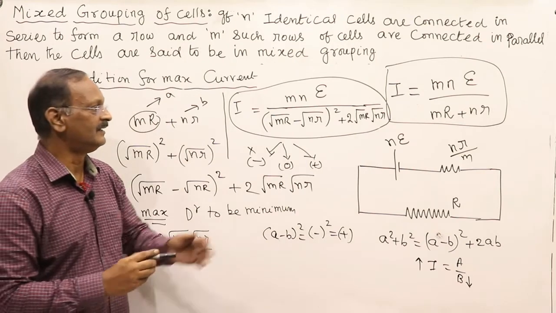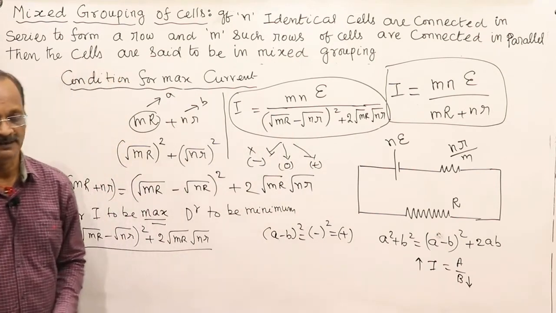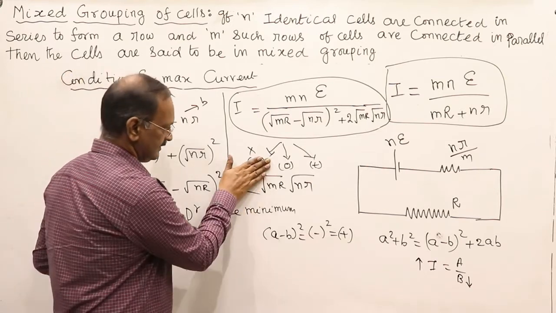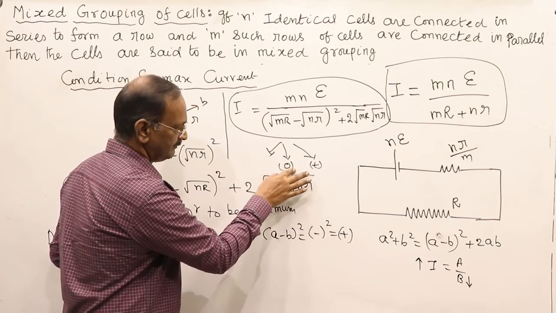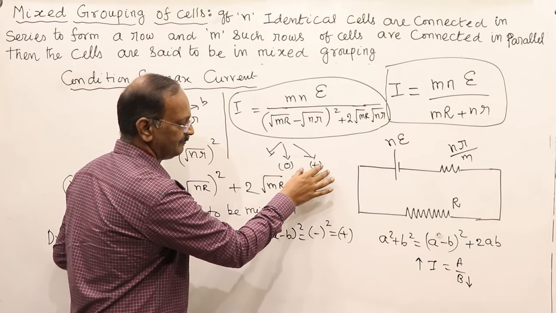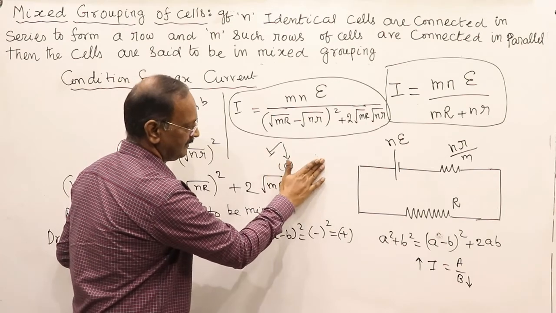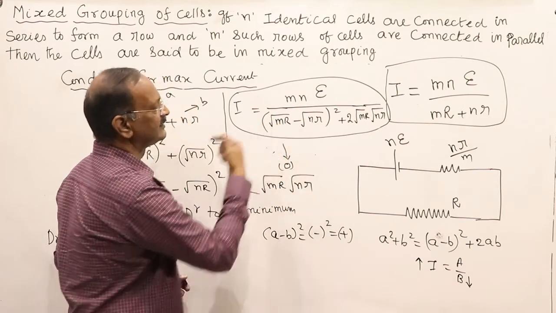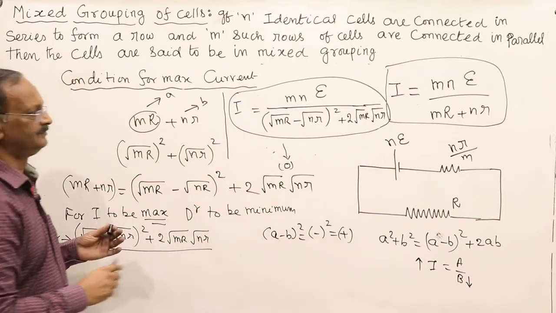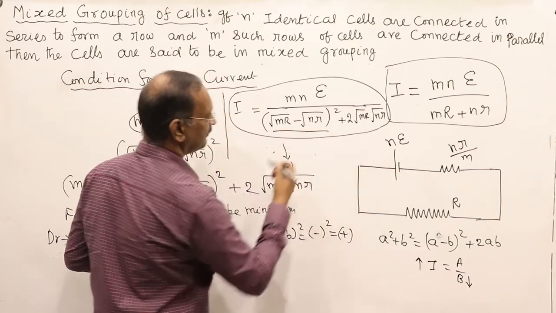If it is above 0, it is not the minimum value. So this term has to be 0.